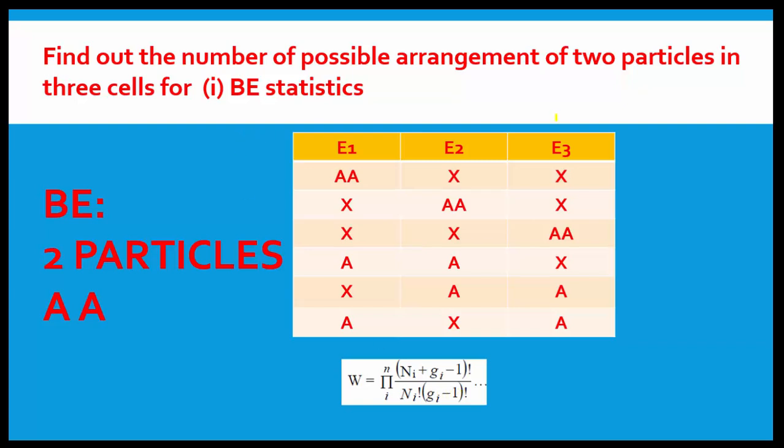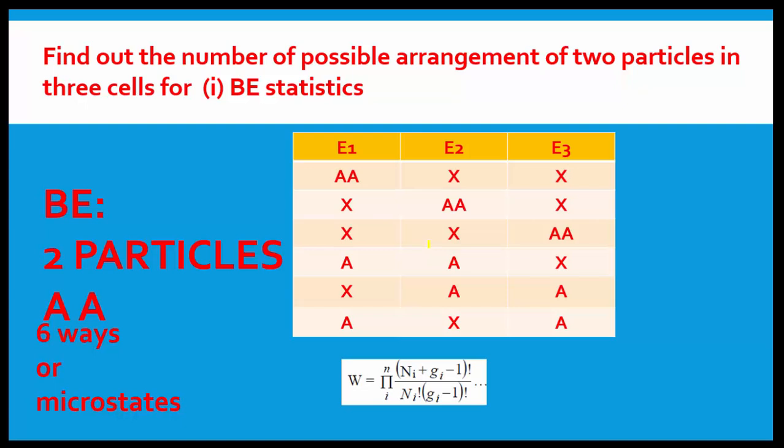In this problem, n means the total number of particles, here it is 2, and g means the number of quantum states, here it is 3 cells. If you substitute the values of n and g in this formula, after calculation you get 6 microstates, as we have shown in the tabulation.